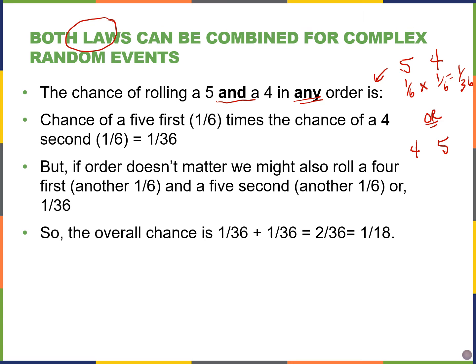Or I could get a 4 on the first die, and then a 5 on the second die, so that's 1 out of 36 too. And then I'm going to add these two, 1 out of 36 plus 1 out of 36, because for either of these cases, the order doesn't matter. Then I would get 2 out of 36, and if I reduce that, that's 1 out of 18.